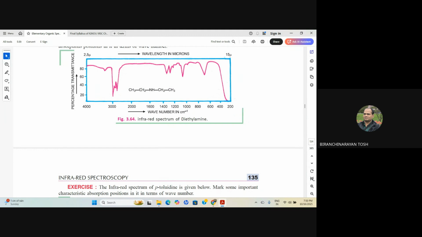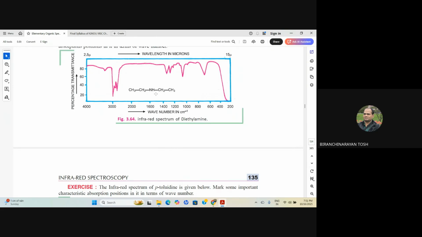Then you go for NMR. What are the different types of protons? Six methyl protons, four methylene protons. This is a symmetrical molecule, and one nitrogen proton, that is, a hydrogen attached to nitrogen. So there are three types of hydrogens or protons.